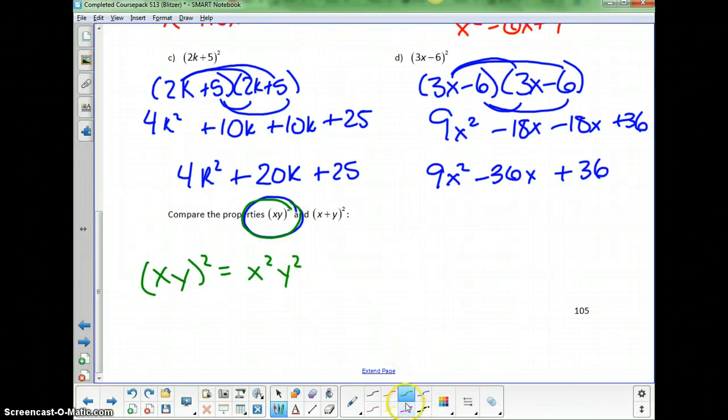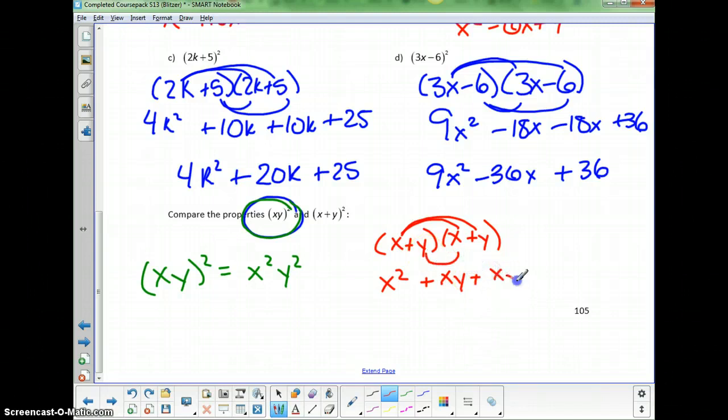If I have x plus y squared, that's the same thing as x plus y times x plus y, which is x squared plus xy plus xy plus y squared, or x squared plus 2xy plus y squared.